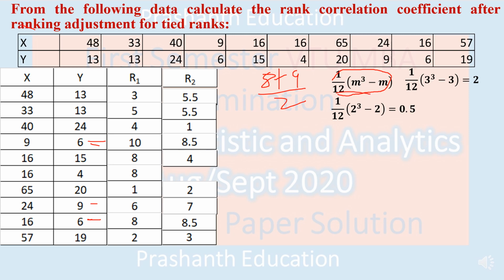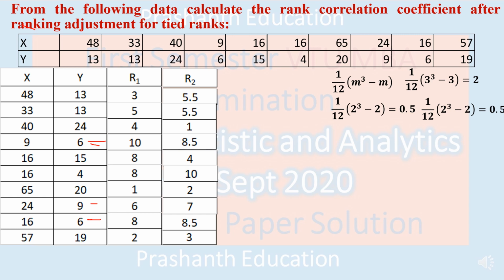I need to do a correction again: 1 by 12, 2 cube minus 2 is 0.5. The last remaining one is 4, so I will assign rank 10 to it. So this is completed. We have done the ranking, and for whatever repeated ranks, we have also calculated the adjustment.